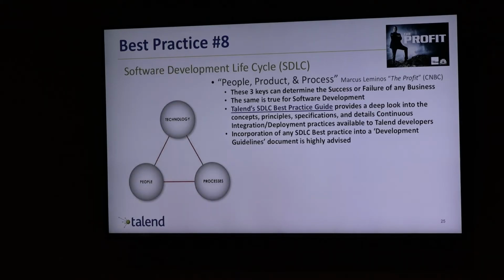Technology is important, but without the right people, right developers, and right practices in terms of processes, you will fail, right? It doesn't matter how sophisticated the technology is. If you don't have the right people around it, and you don't put the right standards around it, it's gonna fail. So people, process, and technology, right?